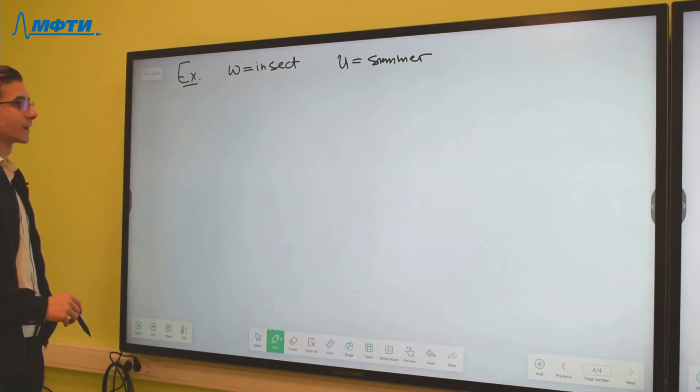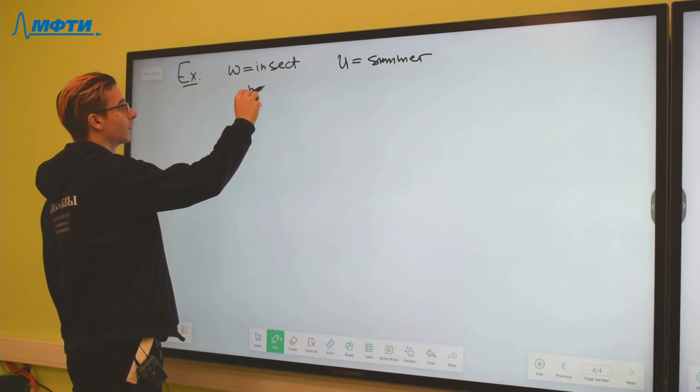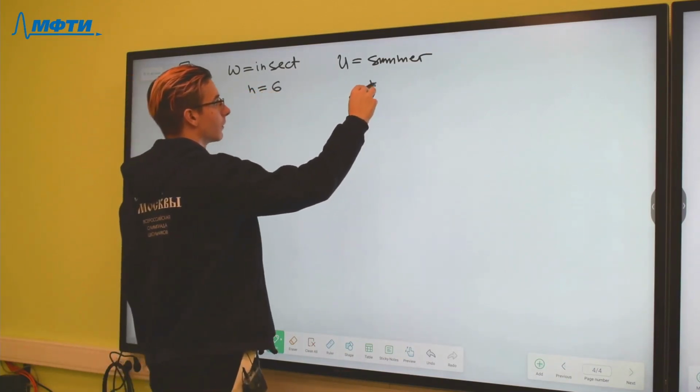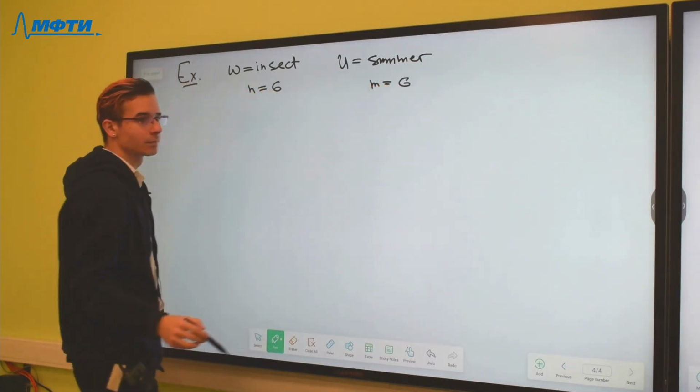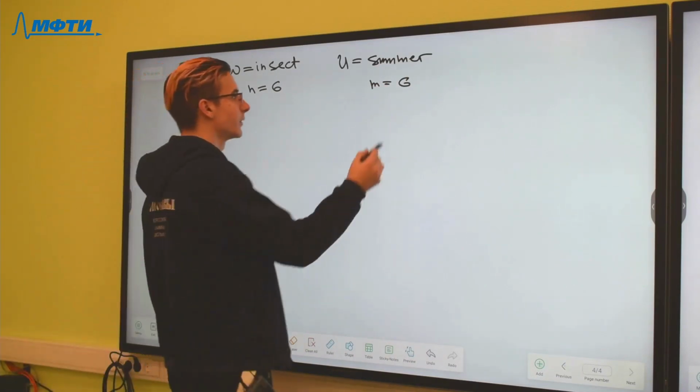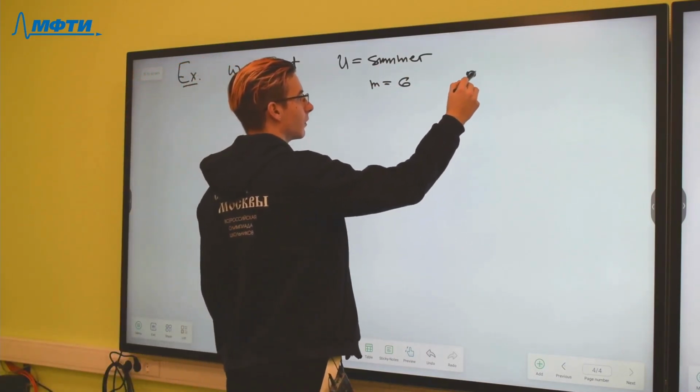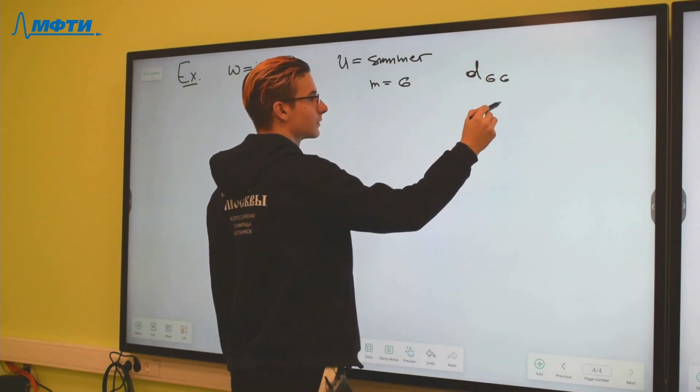So we see that n is equal to 6, m is equal to 6. And we want to find d with indices 6 and 6.